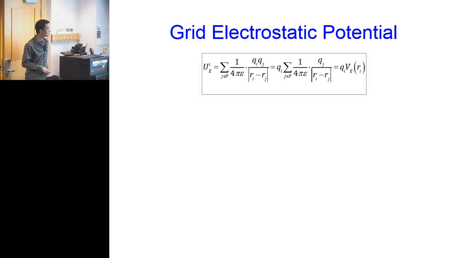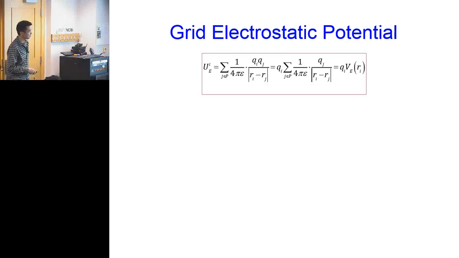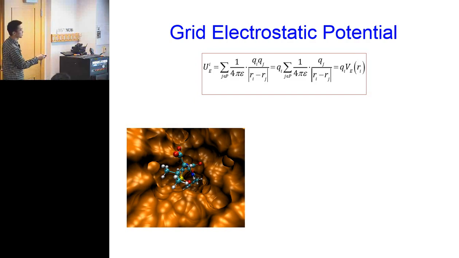So I will go through an example. Take the electrostatic potential as an example, and how we express the energy as a cross correlation between the protein and ligand. This is the electrostatic energy for the ith atom in the ligand.